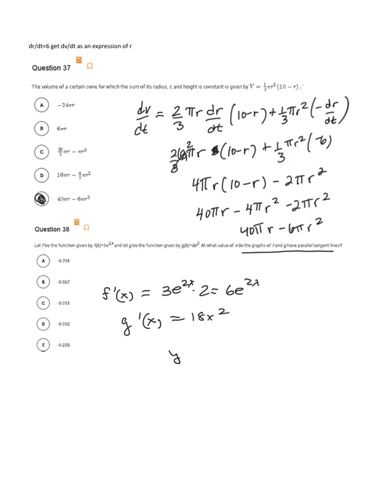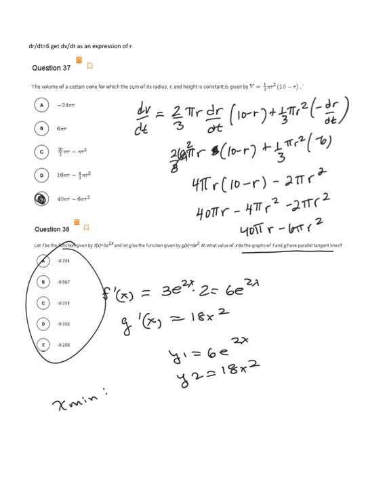Just type y1 equals 6e to the 2x, and then in y2, type 18x squared. Look at these answers, okay? For your x min, make it -1, x max 0, and you want to know where these intersect.